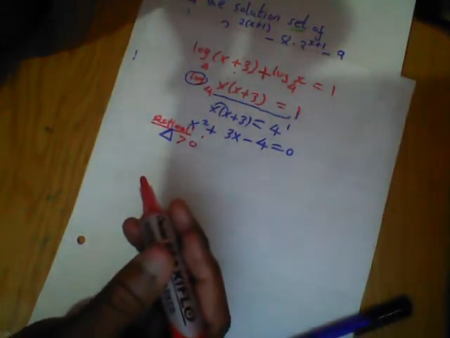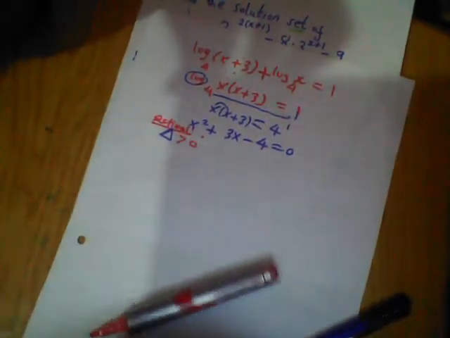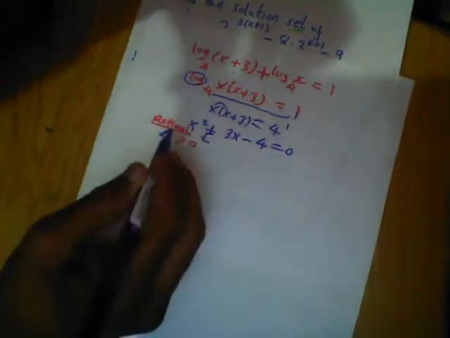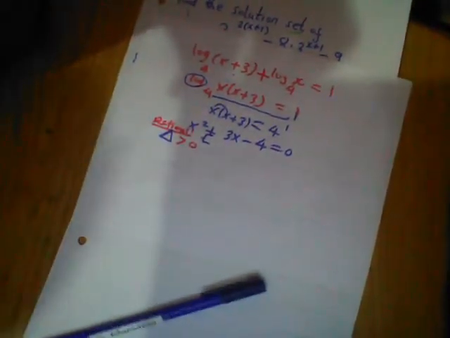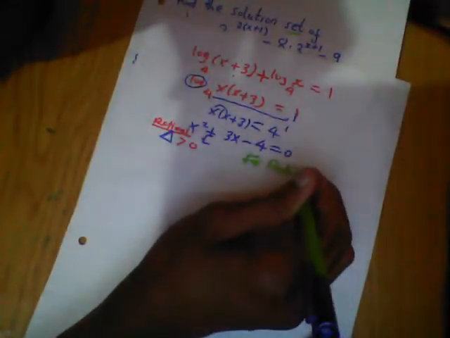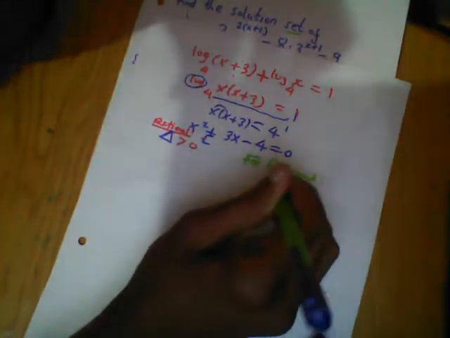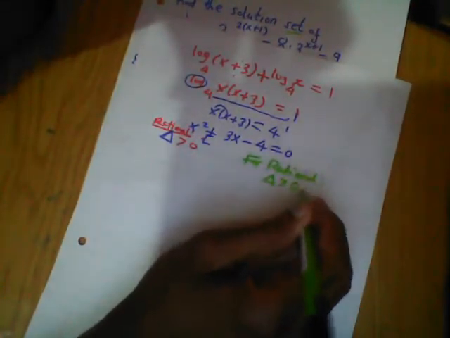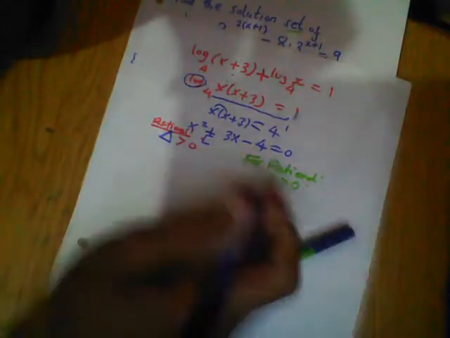For rational, let me write here with the other pen. This is very important. For rational, the discriminant must be greater than 0, and the discriminant must be a perfect square.